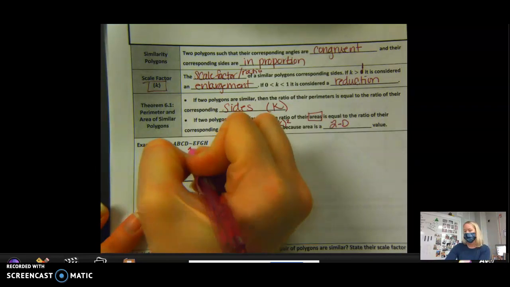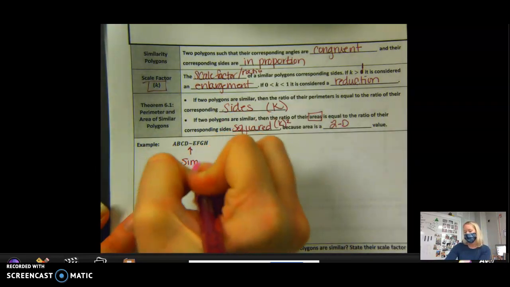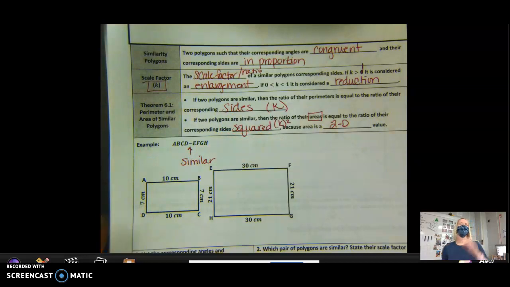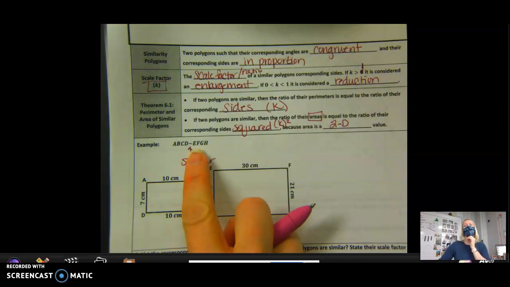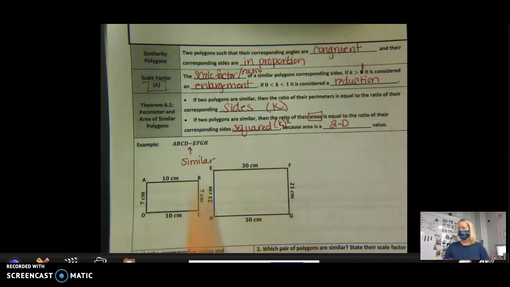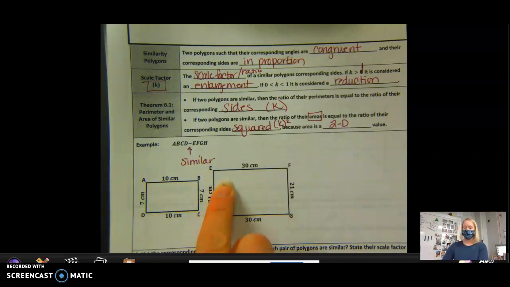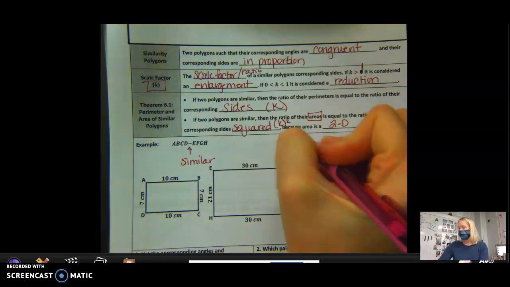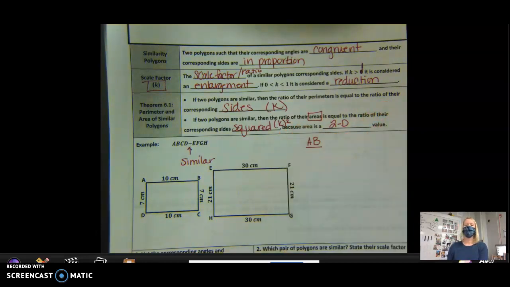Okay. This right here is the symbol for similar. Who remembers what the symbol for congruent is? An equal sign with that tilde above it. So just the tilde means similar. Okay? So they are saying that this figure, ABCD, is similar to this figure, EFGH. What that means is the side length AB over, what side length corresponds with AB?